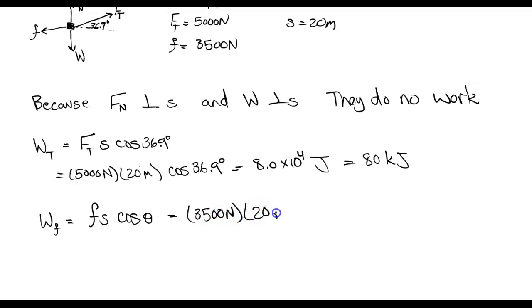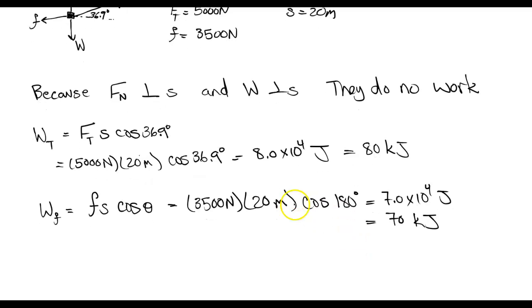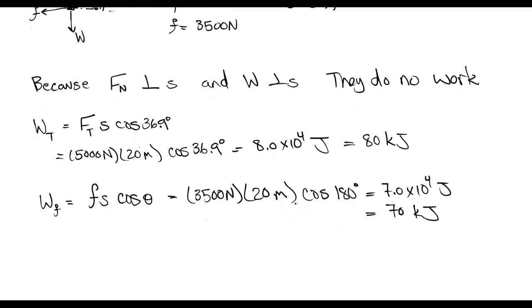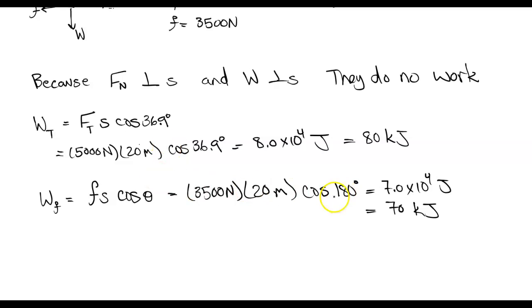The displacement is still 20 meters, and because the movement is to the right and the force of friction would be to the left, this would be an angle of 180, and this gives us about negative 7.0 times 10 to the 4th joules, which is the same as negative 70 kilojoules.